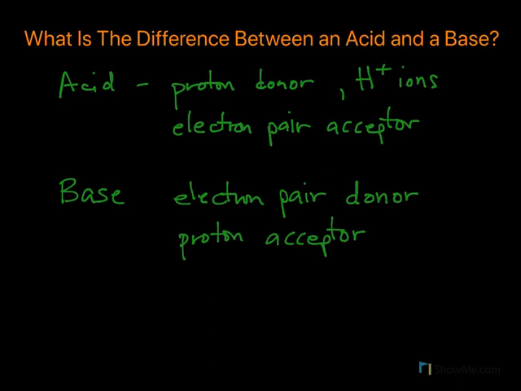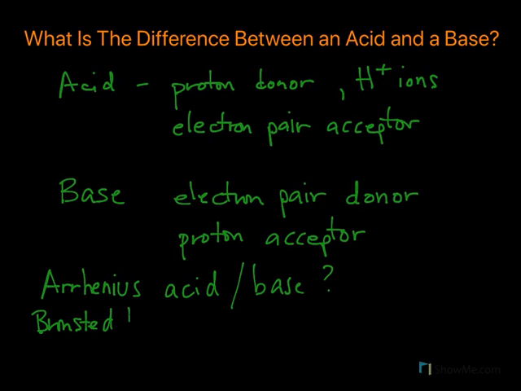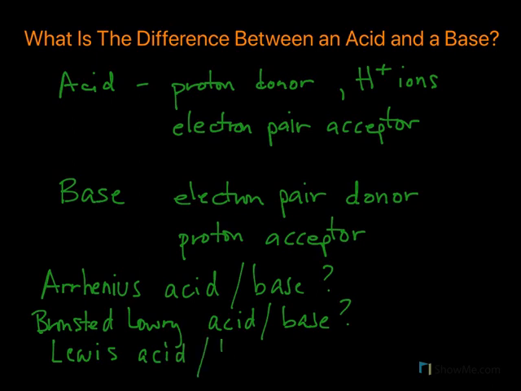For further explanations on the types of acids and bases, meaning is it an Arrhenius acid, base, a Bronsted-Lowry acid or base, or a Lewis acid or base, for these questions, please refer to my other video referring to the different types of acids, the different types of bases, Arrhenius, Bronsted-Lowry, or Lewis.